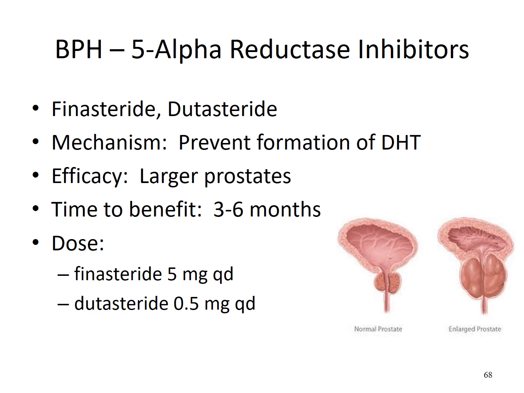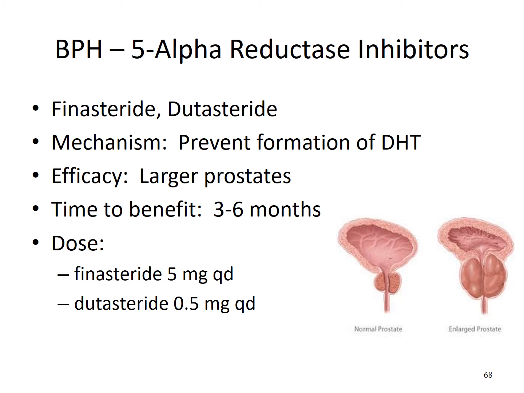DHT is about 10 times more potent than testosterone, and that's what's causing the prostate growth. If we can intervene with a medication that stops the formation of DHT, the patient will still have some testosterone circulating, but not this really potent metabolite, and that will start to minimize the growth of the prostate. This is helpful in very large prostates that have overgrown.